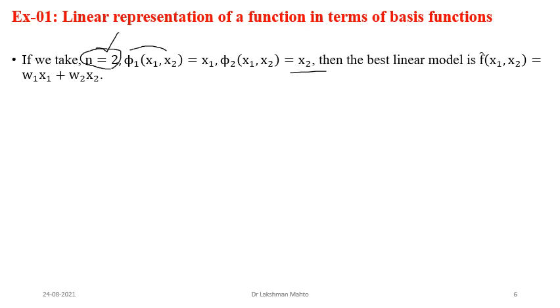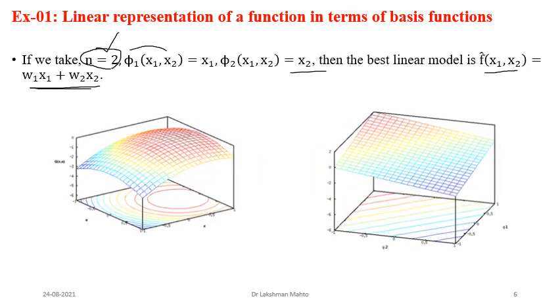That's why we are calling this the approximate representation of f(x1, x2), and it is coming as w1 x1 plus w2 x2. If we try to see this in the feature space, then it is a linear function, and you can see the graph like this.